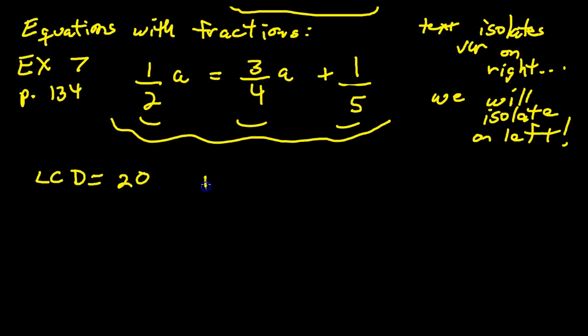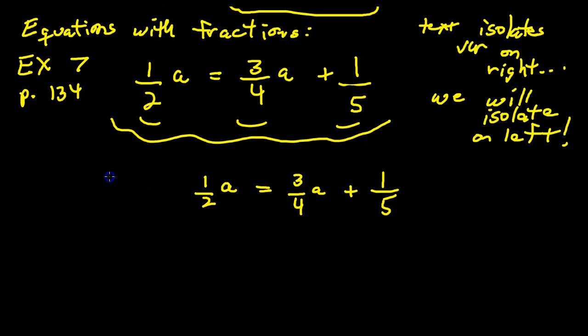If I take a little time and show some good housekeeping and multiply both sides by the LCD, all these fractions are going to go away. Let me show you. We'll have an equivalent equation with no fractions in it, and the LCD is 20.